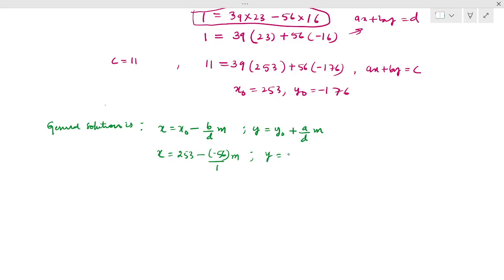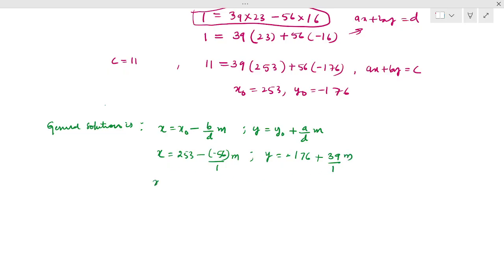Similarly, y is equal to y0, which is minus 176, plus a value 39, m divided by d is 1.